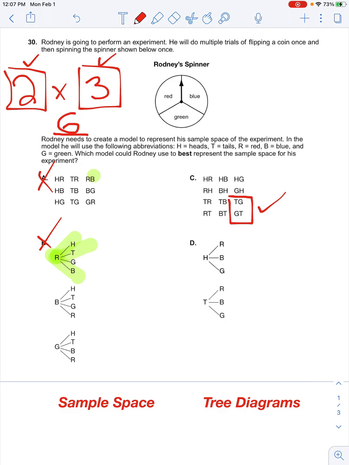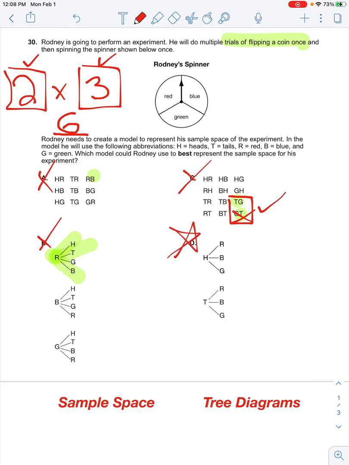That is the exact same thing. So they are counting an outcome not just once, but twice, and that is a no-no. But we also know that he's flipping the coin first. Because he's flipping the coin first, the GT part here should be disqualified. So C is also invalid.